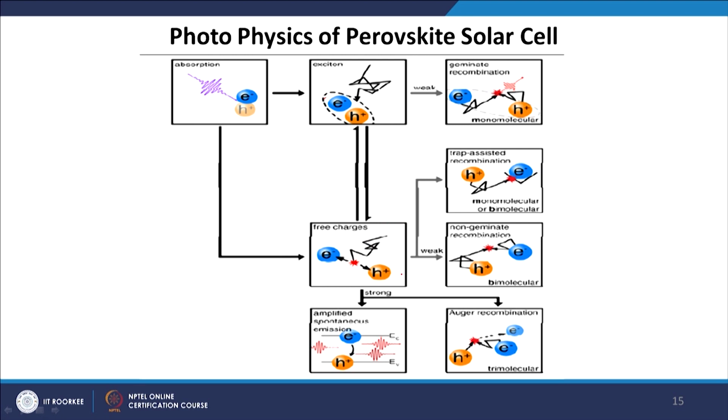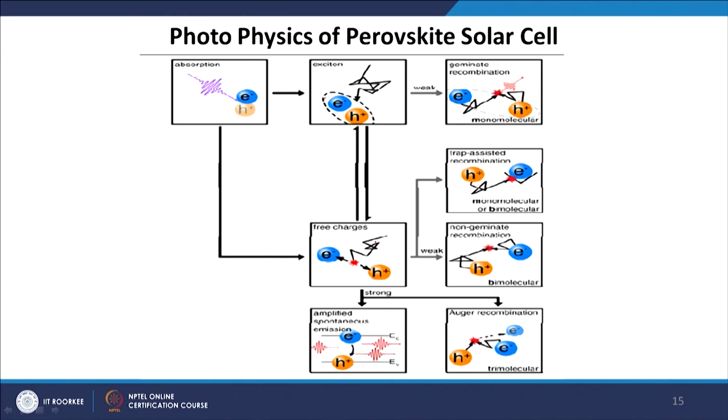Now, two cases are possible for this free electron hole pair. If there is a weak intensity of light, then there will be a non-geminate recombination, or second order recombination, which is free electron hole recombination, or there can be trap assisted recombination. When electrons and holes travel along the film, if there are defect states or trap states, like shallow or deep trap states, then they can fall into those trap states, which are potential energy minima, and get recombined there.